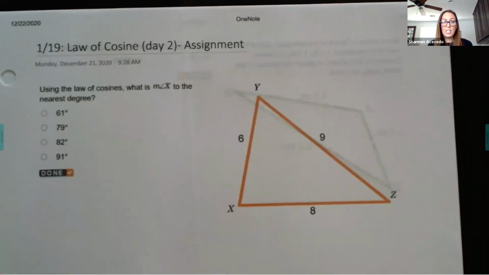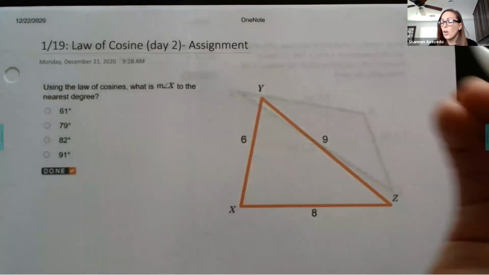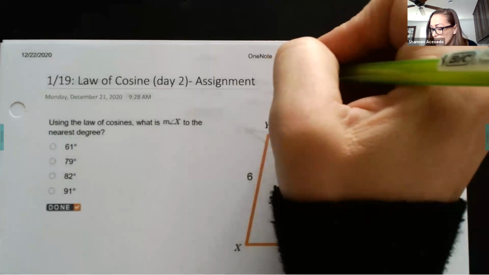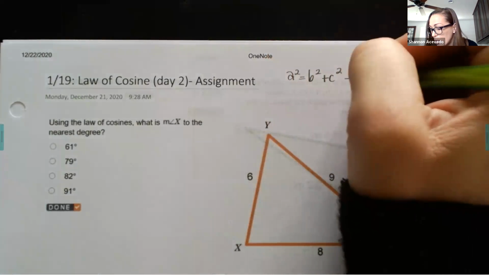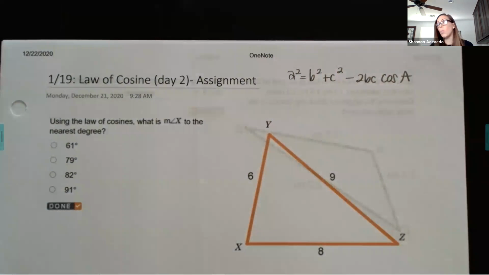All right, so law of cosines. Quick review. I'll go ahead and put just the basic formula. If I have a squared is equal to b squared plus c squared minus 2bc cosine of A, that's one way to look at it.